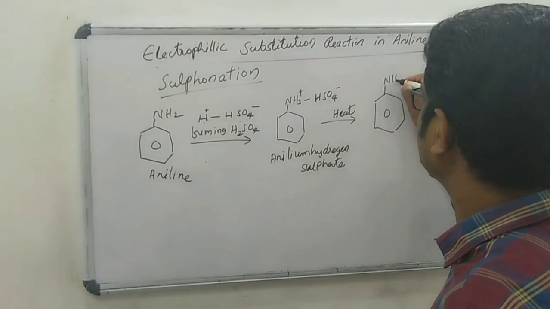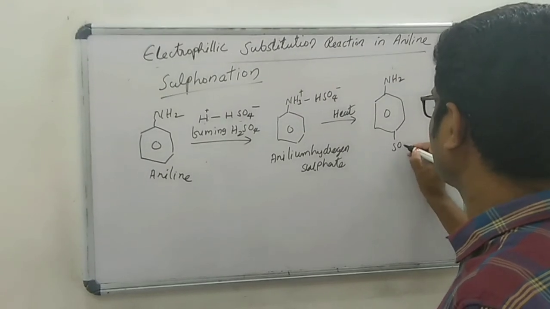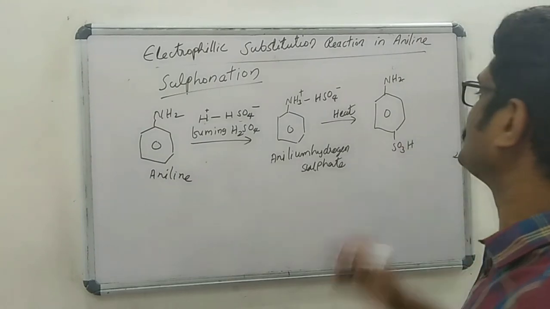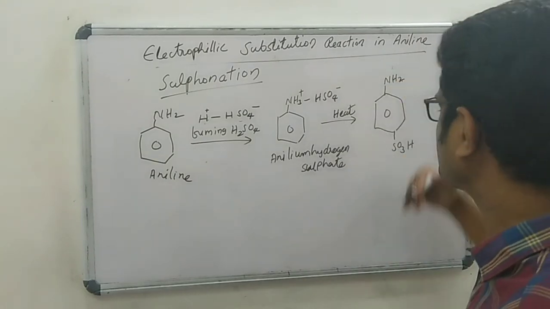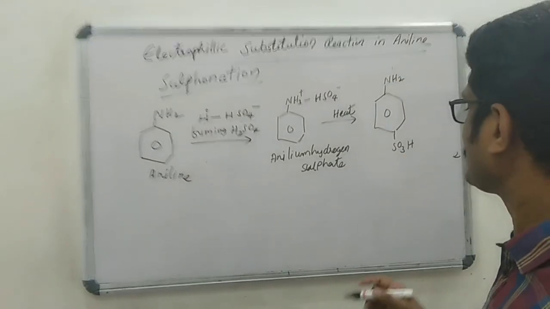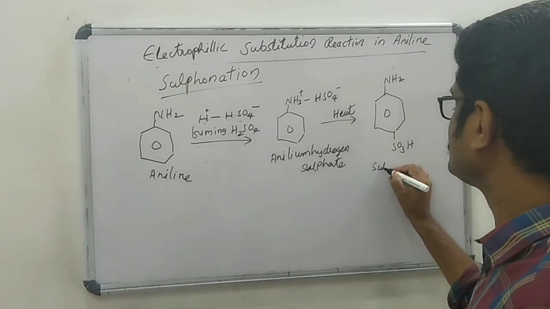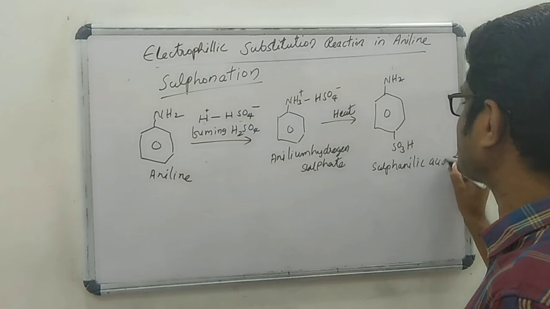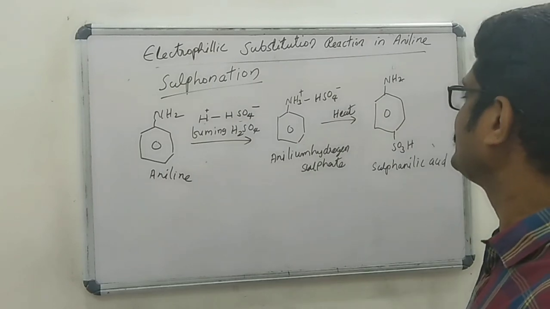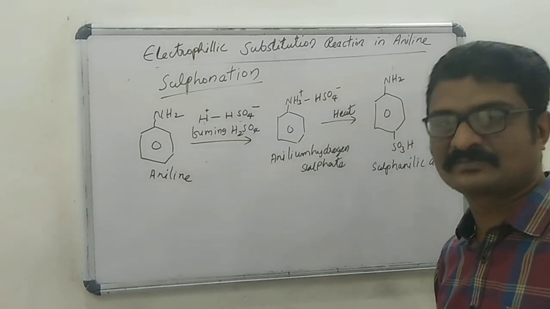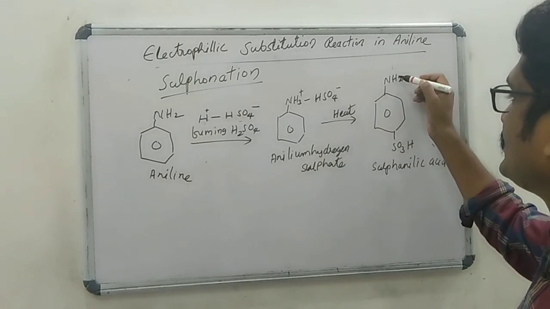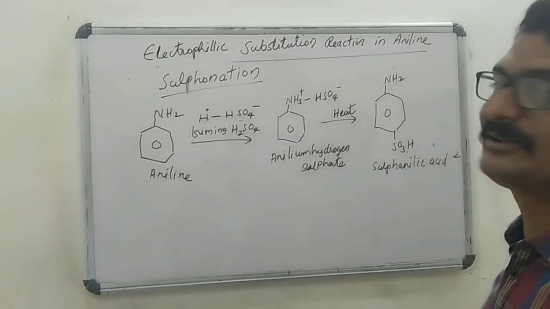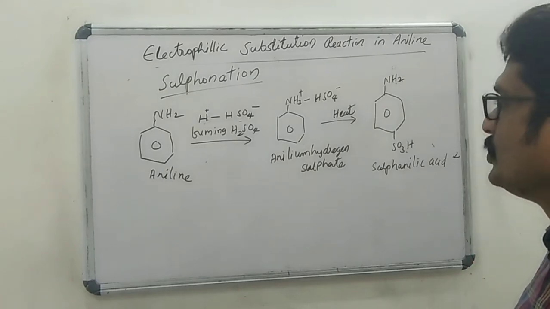Here the amino group and the SO3H group are present at opposite positions. This is the structure of sulfanilic acid. The sulfanilic acid contains an acidic group, that is SO3H, and a basic group, that is the amino group.